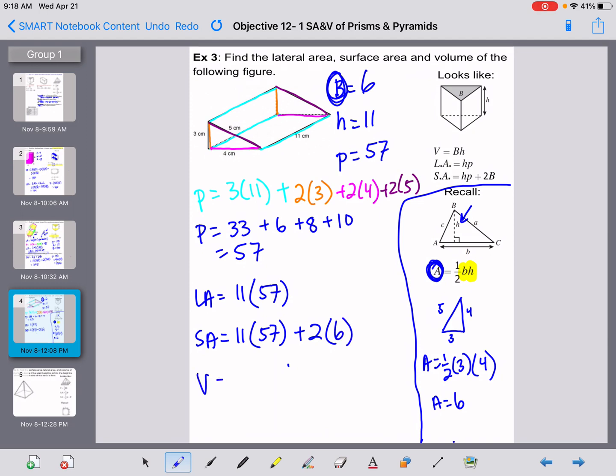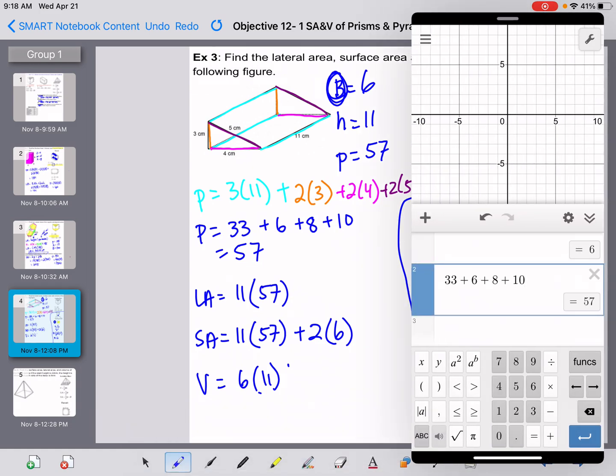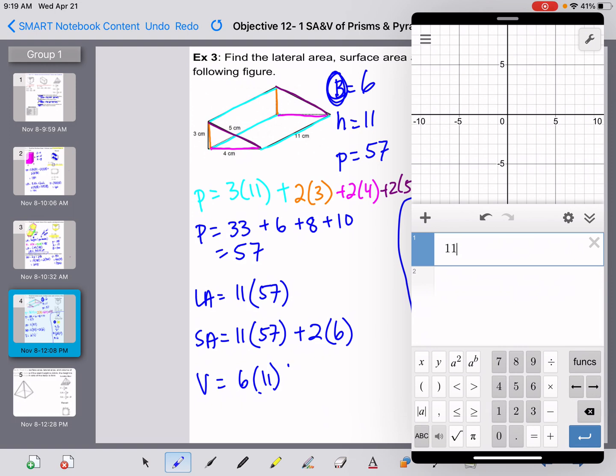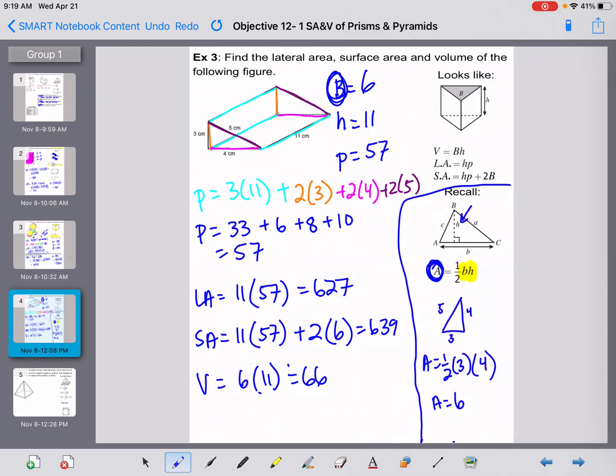And then the volume will be my base, which is 6, times the height, which is 11. So 11 times 57, 627. Now I'm going to add 2, so 639, and now 6 times 11 is 66, okay?